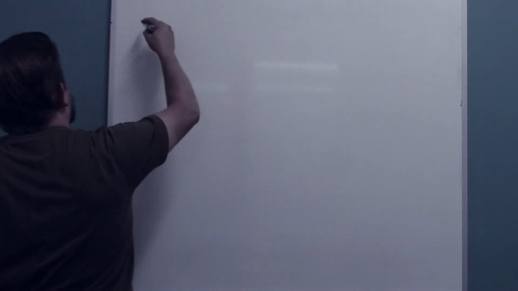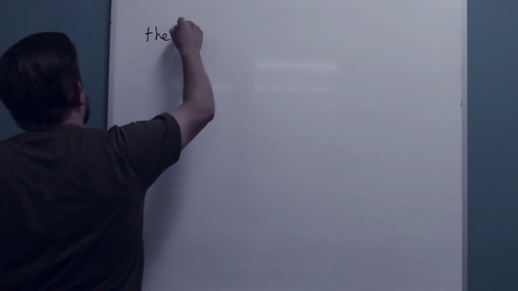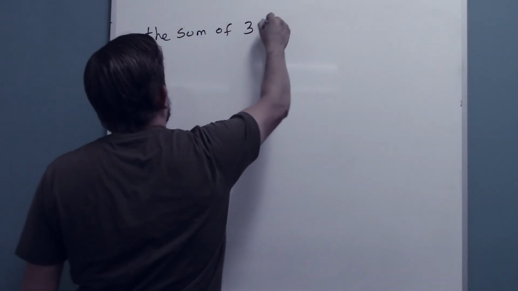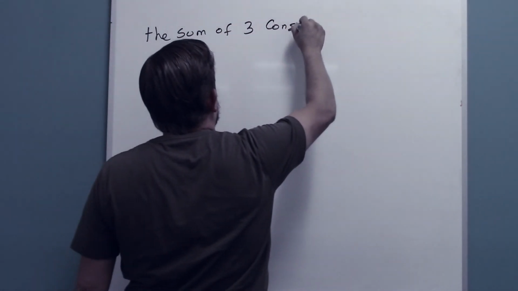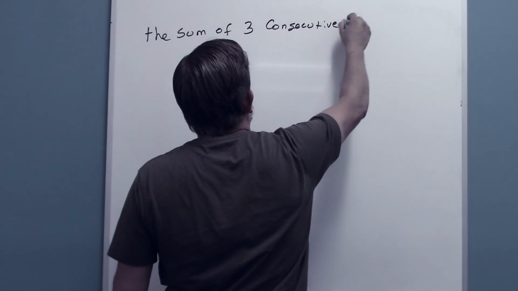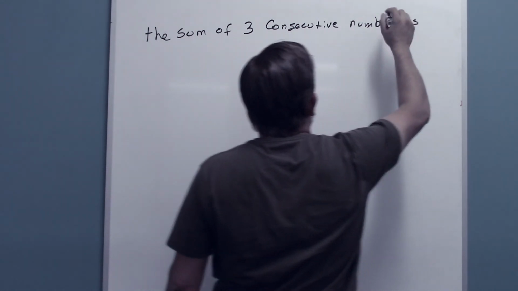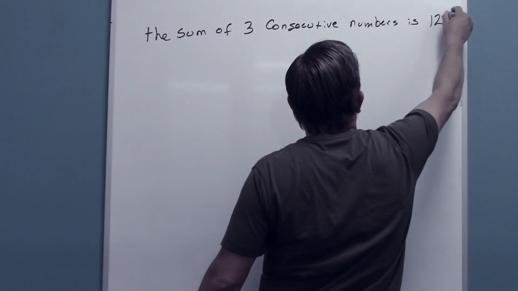Okay. And let's take a look at one more. Here's a good one. The sum of 3 consecutive numbers is 123.